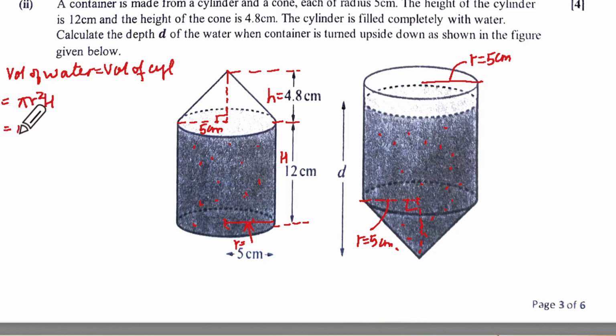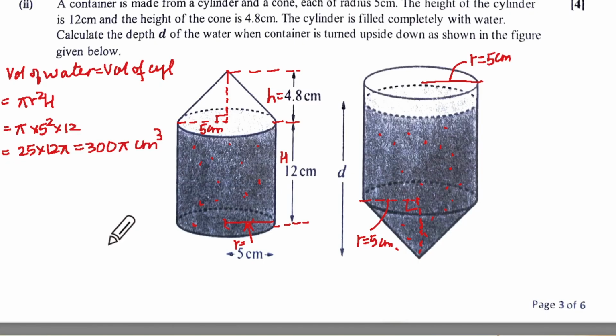So keep everything in terms of pi. So pi into 5 square into 12, that will give us 25 into 12 pi, which is how much? 300 pi centimeter cube. Understood up to here?